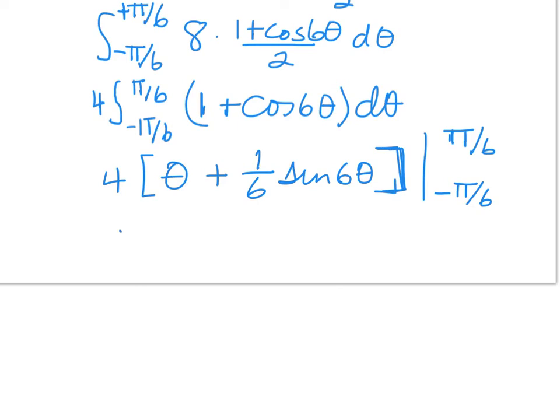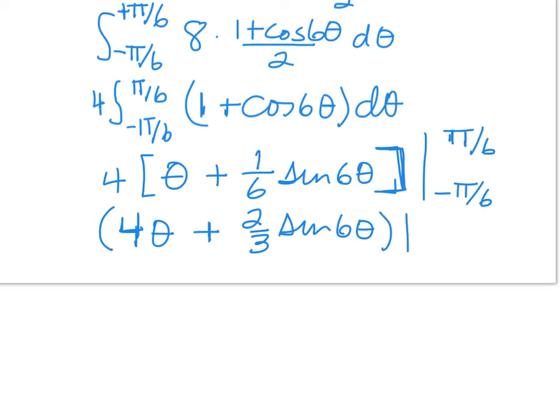Let's go ahead and distribute the 4. So we have 4 theta plus 4/6, that's 2/3, and then sine of 6 theta. And our bounds are negative pi over 6 to pi over 6.